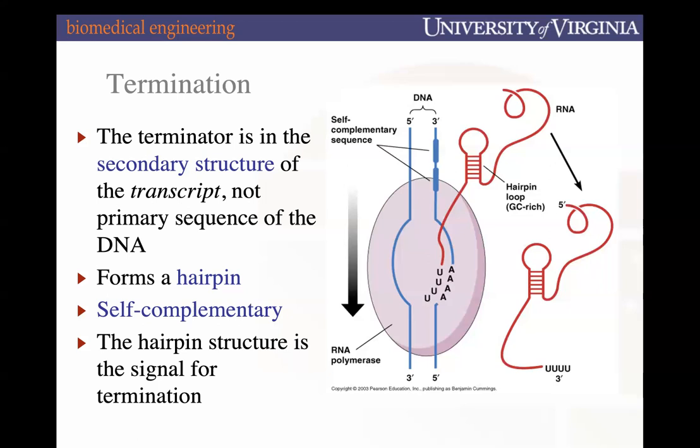The terminator has an encoded signal that helps signal for RNA polymerase to stop transcription and to unbind from the DNA. That signal in the terminator sequence is what produces this hairpin structure. So this hairpin is like a physical structure that serves as a cue for transcription to stop.